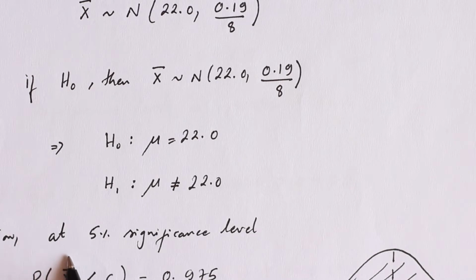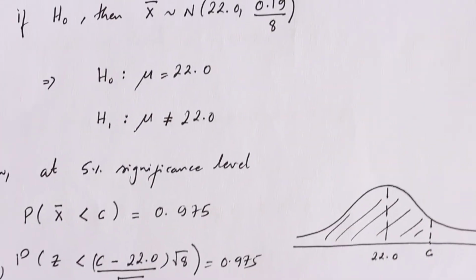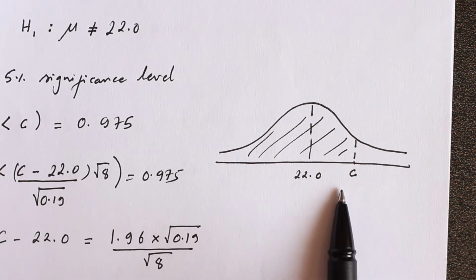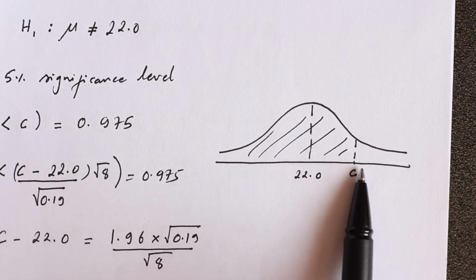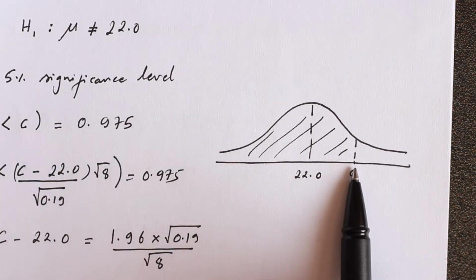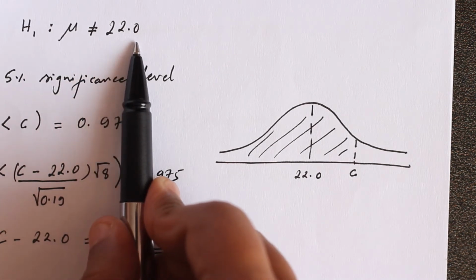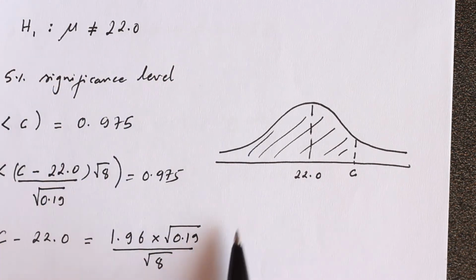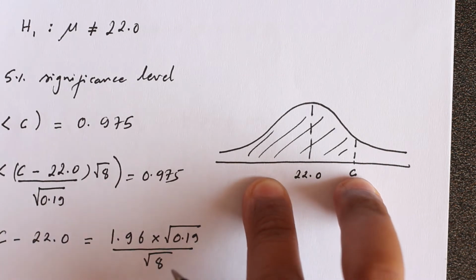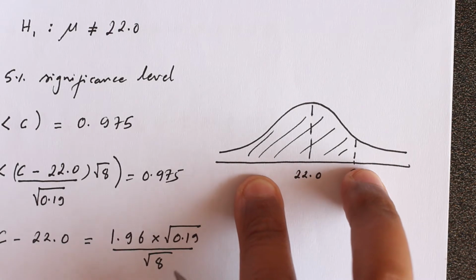Now if you want to test it at a 5% significance level, we are not given whether the change in mean has increased or decreased, so this is a two-tailed case where the confidence interval is 95% and the significance level is 5%.